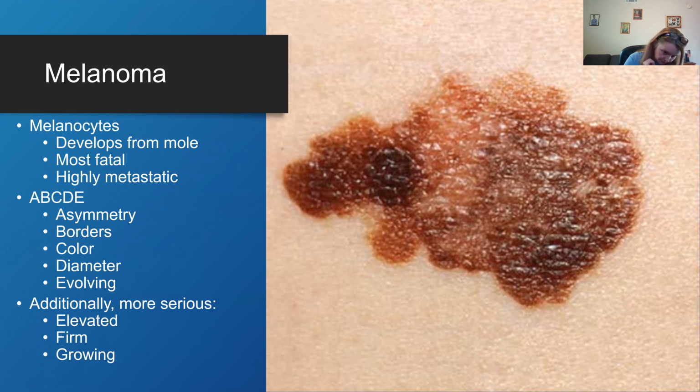That is about the size of the eraser on a pencil, so it's bigger than the eraser on a pencil. And it's evolving, so it's changing over time. Additionally, it may be elevated, firm, or growing. But this ABCDE: asymmetry, borders, color, diameter, and evolving. So that's melanoma. It doesn't necessarily come from a mole, but it might.